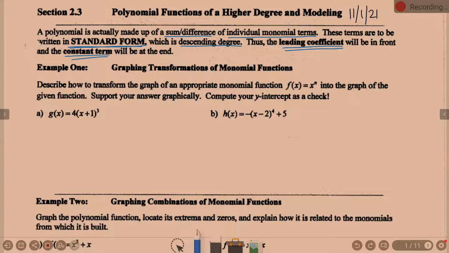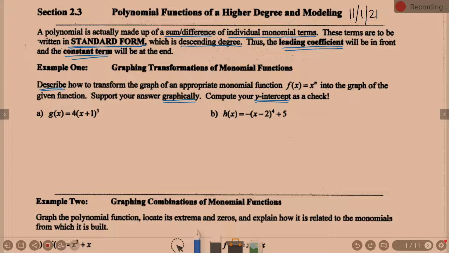Describe how to transform the graph of an appropriate monomial function f of x equals x to the n into the graph of the given function. So we're going to have to use some words here. Support your answer graphically, which means we are going to look at the graph. And it also asks us to compute the y-intercept as a check. Okay, so all this information.